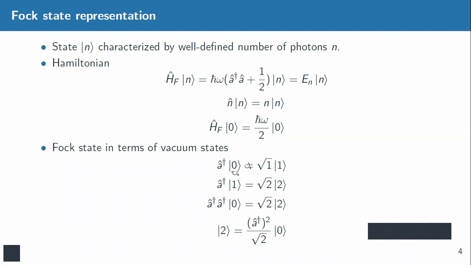Again we apply the creation operator on the first excited state and get the eigenvalue square root of 2 and the excited state above the first excited state, that is the second excited state, and we can write this in that form, and subsequently we have the second excited state vector in terms of the vacuum state.